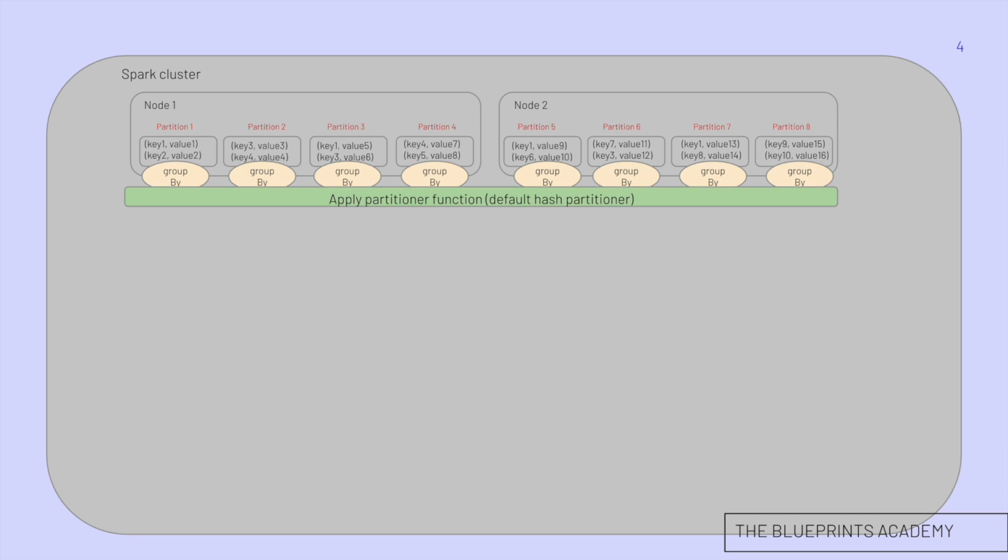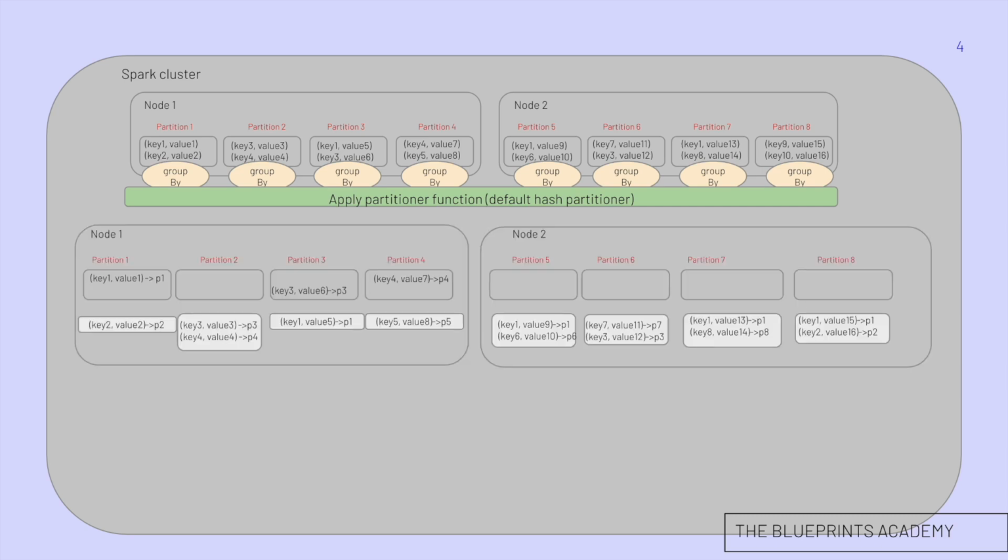So Spark runs this algorithm and identifies the partition for each key value pair. Let's say it identifies these partitions. If you see in the white box, key 2 value 2 should go to P2, key 1 value 1 should go to P1, similarly key 3 should go to partition 3, key 4 to partition 4, then again key 1 to P1, key 6 to P6, key 7 to P7, and so on and so forth.